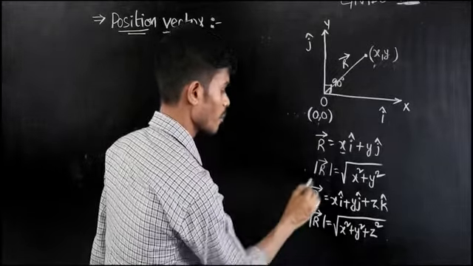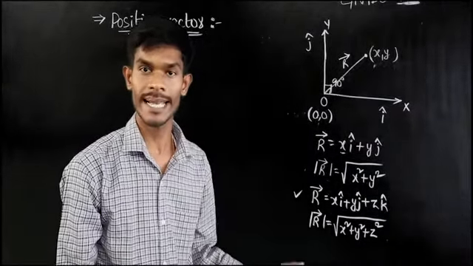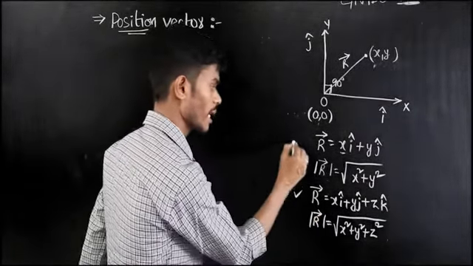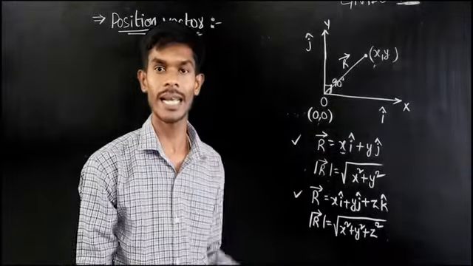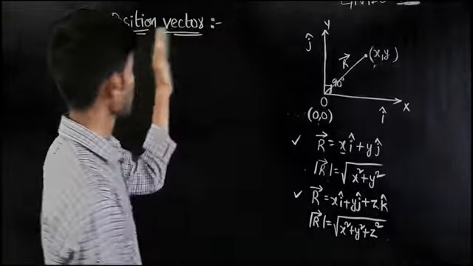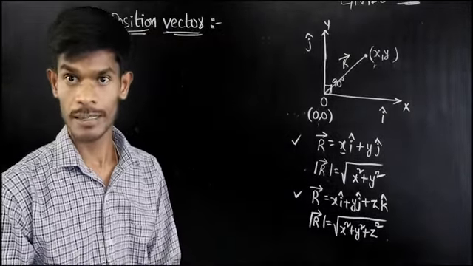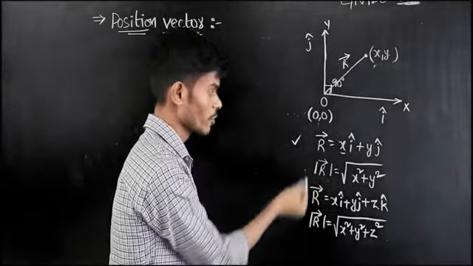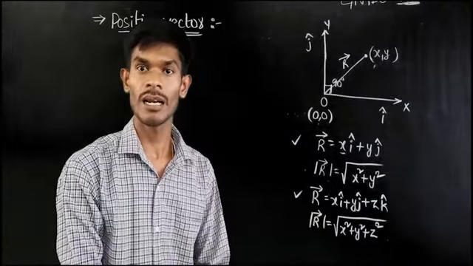So this is the position vector along the x-axis, y-axis and z-axis, and this is the position vector along the x-axis and y-axis.